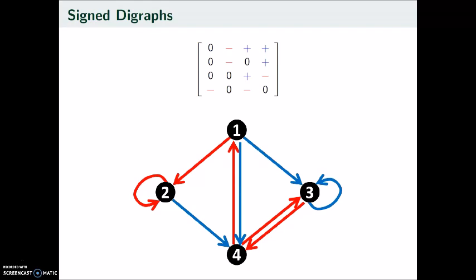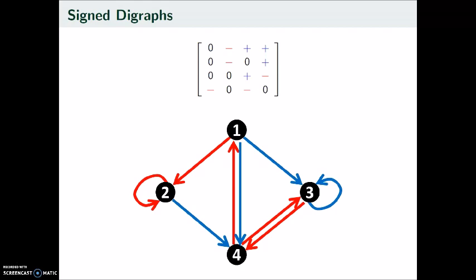So we draw a red arrow from 1 to 2. In the first row, third column, we have a plus sign. So we draw a blue arrow from 1 to 3. In the fourth row, first column, we have a negative sign. So we draw a red arrow from 4 to 1. And so on and so forth. And this is how we construct this signed digraph.